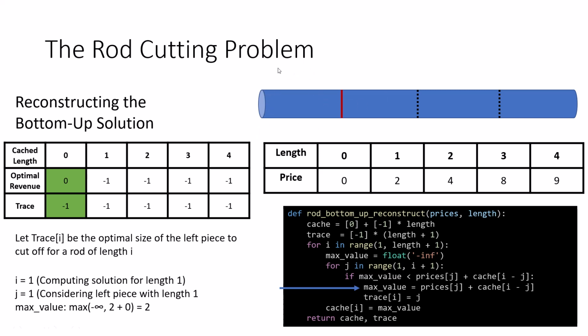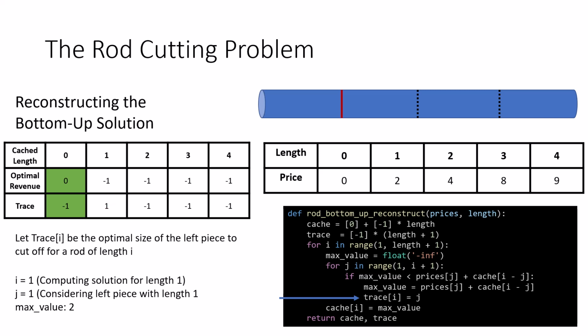Okay, so since we initialize our max value to negative infinity, we're going to have to update our max value so that it becomes, well, it's just going to be 2 plus 0, so 2. And because we updated the max value, we can therefore also update our trace. So our trace at i, so this guy here, is going to change to 1.